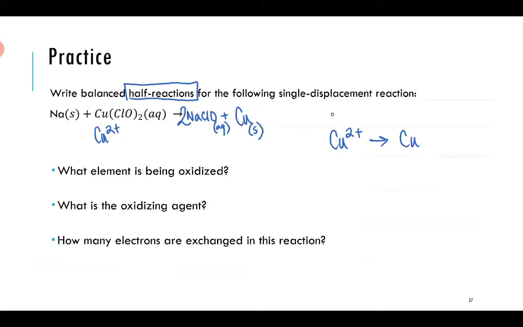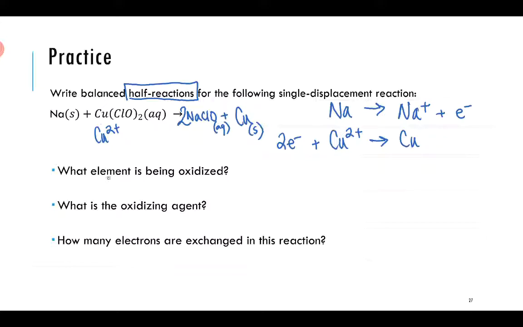And we have our sodium going from sodium 0 to sodium positive. Now I can add 1 electron to this product side for the sodium, and I can add 2 electrons to the reactant side of the equation for my reduction half reaction.